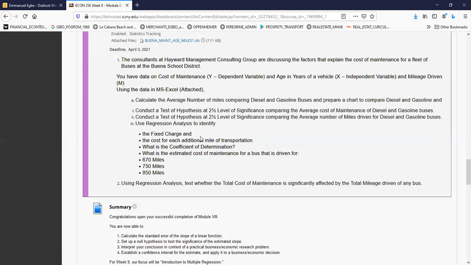So let us go through that process to estimate a regression line. That is the first thing we're going to do today. We're going to talk about the regression line.